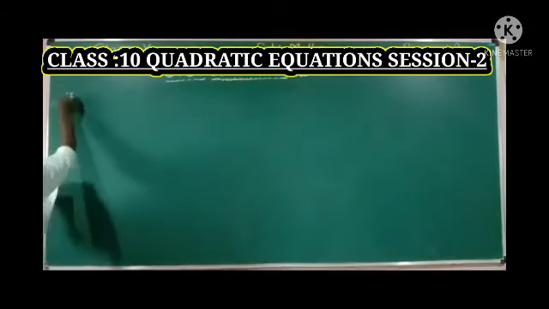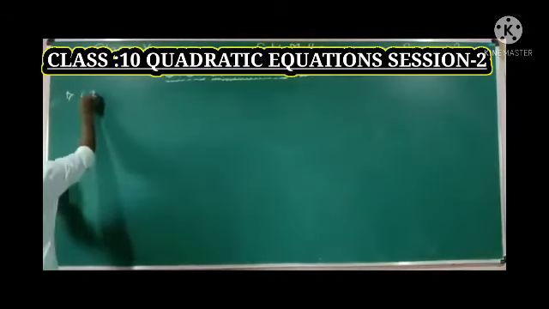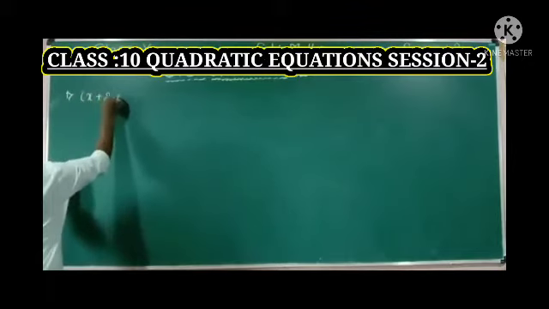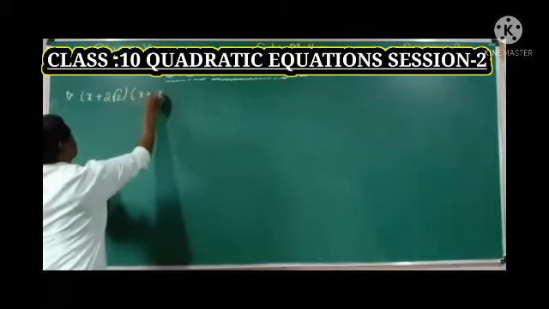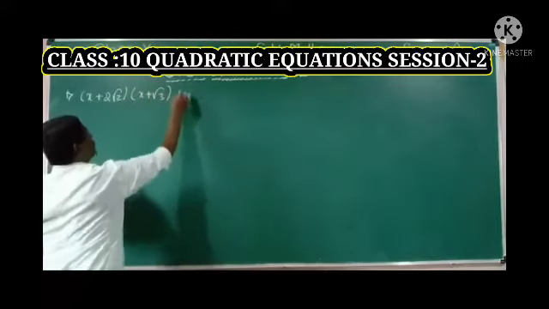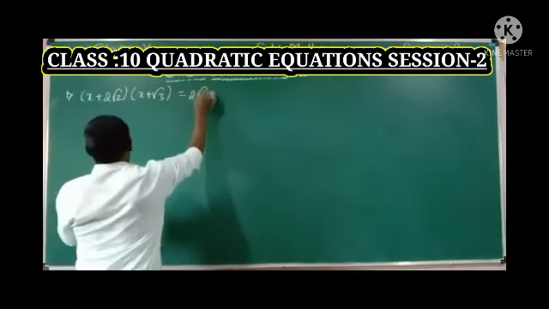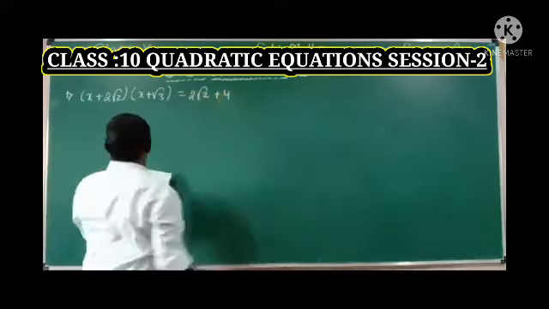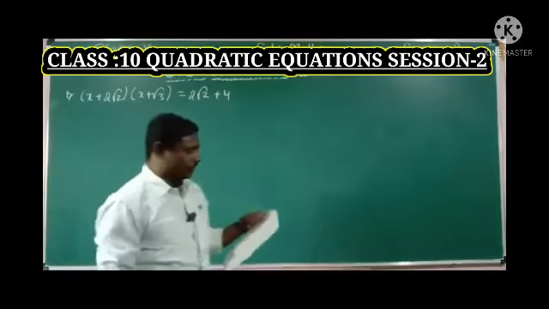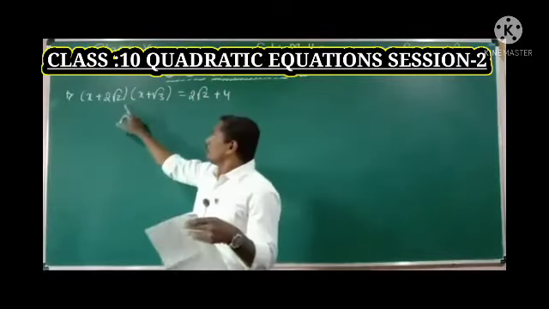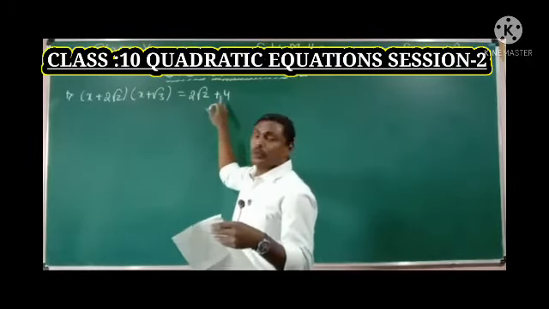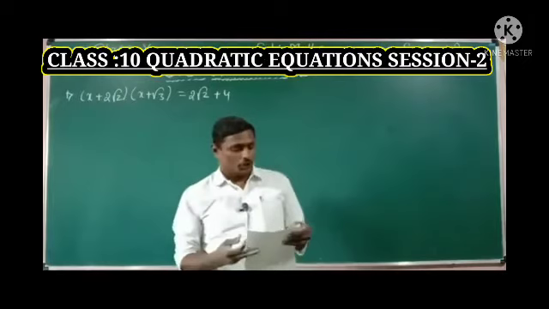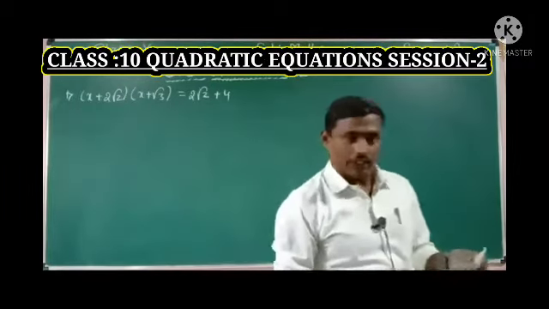Okay, first one: x plus 2 root 2, x plus root 3, which is equal to 2 root 2 plus 4. Simplify the equation and show that it is a quadratic equation.